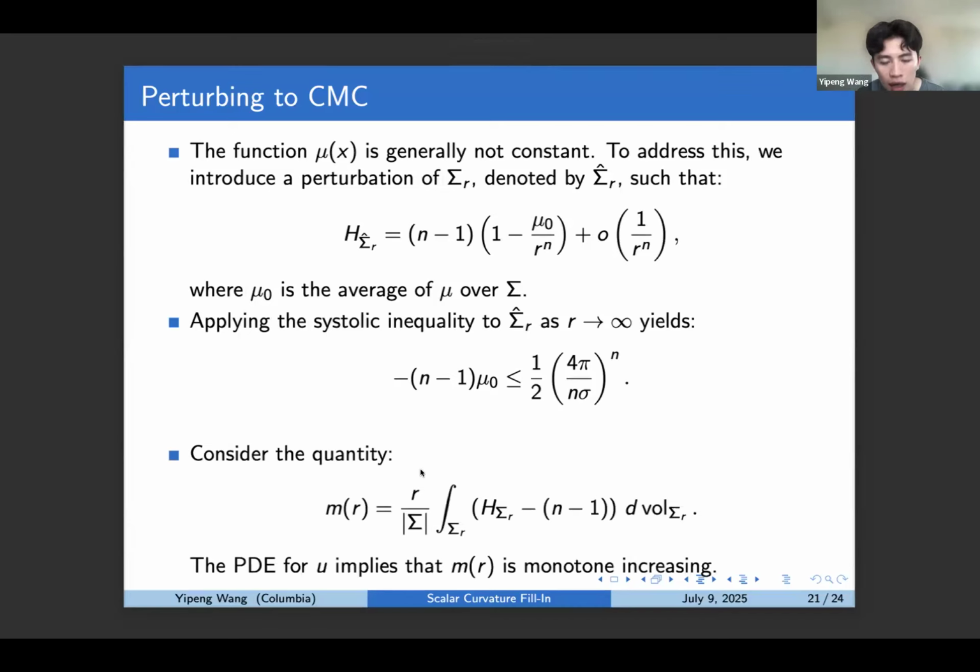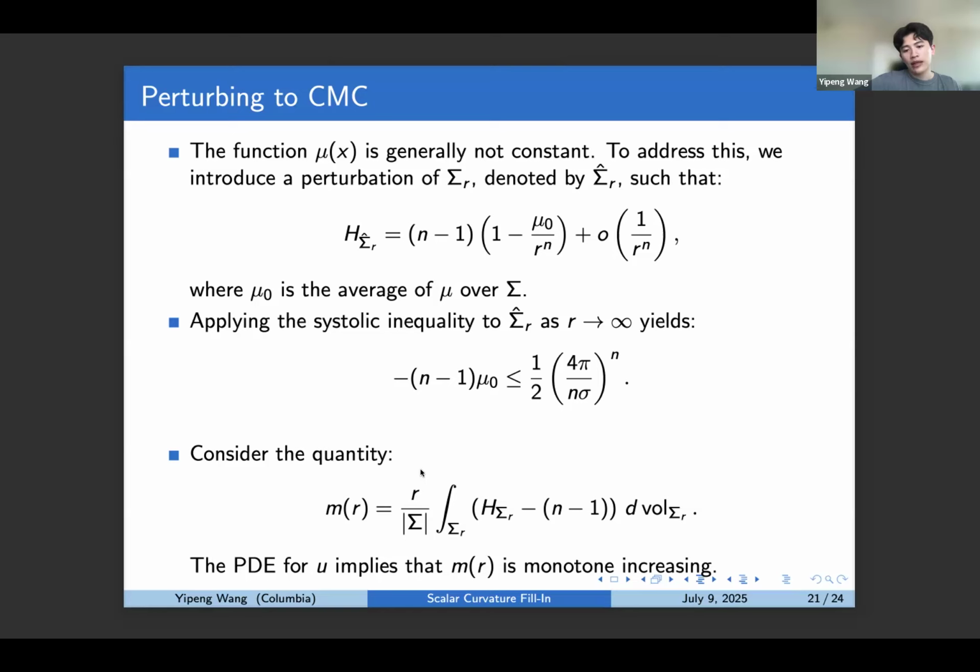And then you cook up this quantity m of R, which also appears in my earlier slides in a work of Shi and Tam. So you define it to be the integral over each slice of h minus n minus one, and then you normalize it by multiplying by R and dividing by the volume of the boundary.